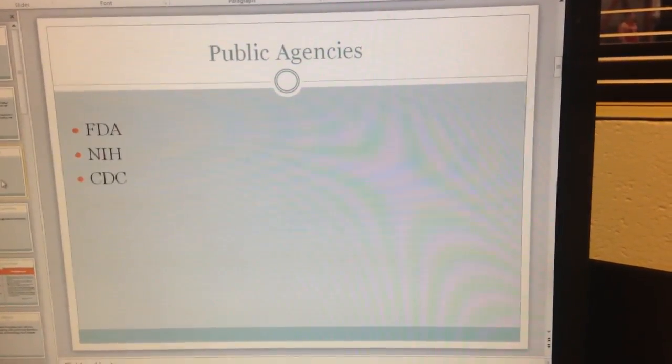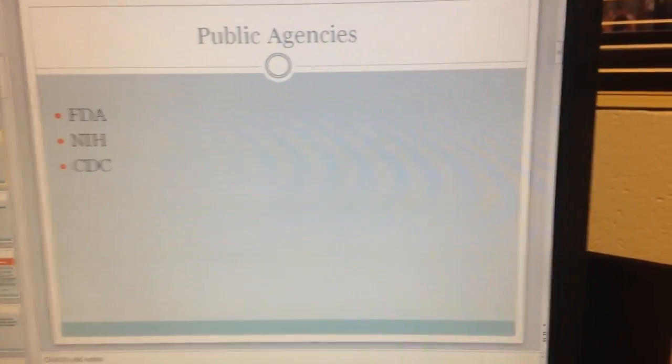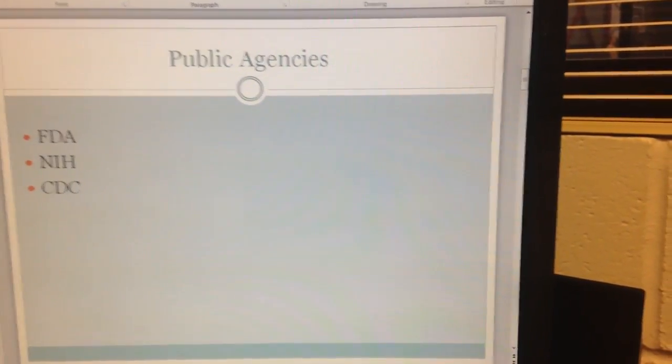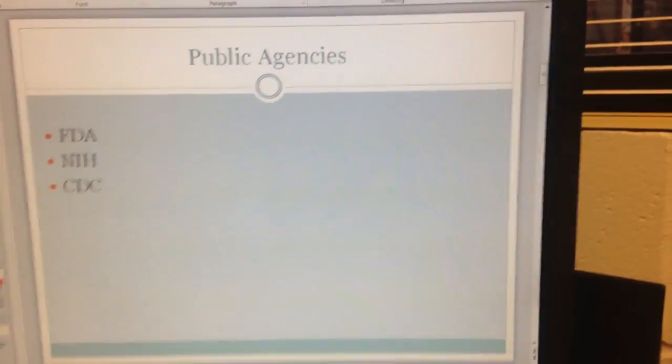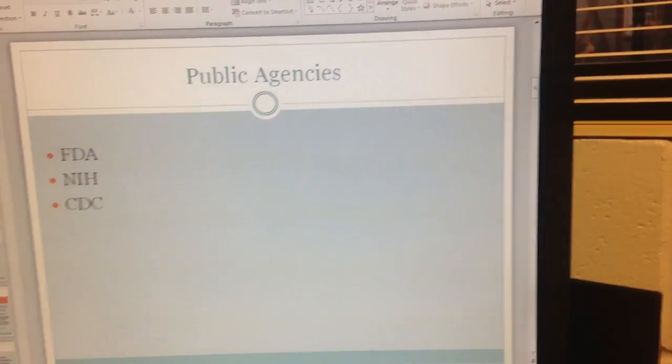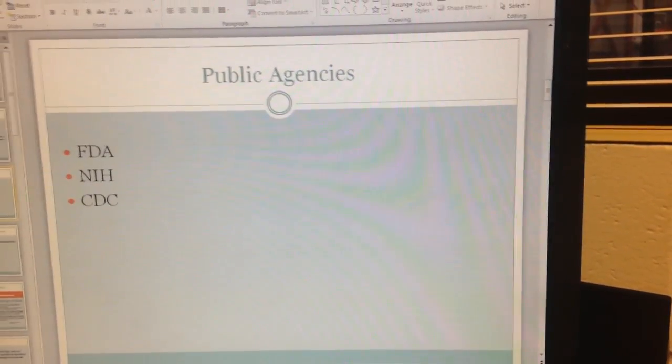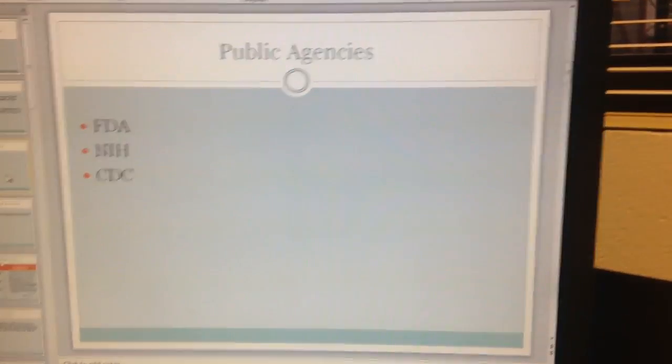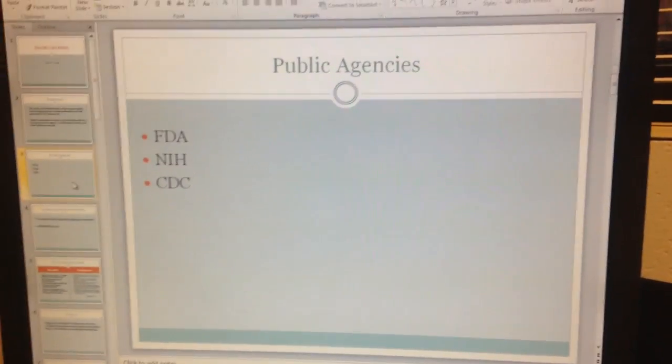So basically, they have been accused of approving drugs without enough research, and they've been approving them too quickly, and that's why they end up with recalls and certain side effects.